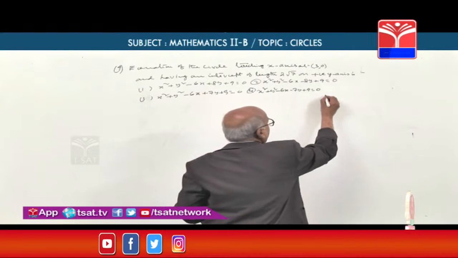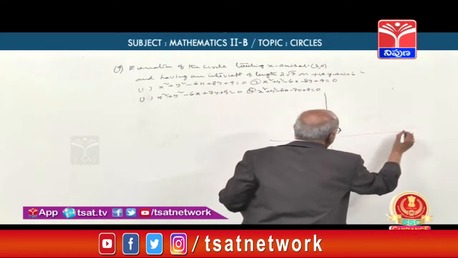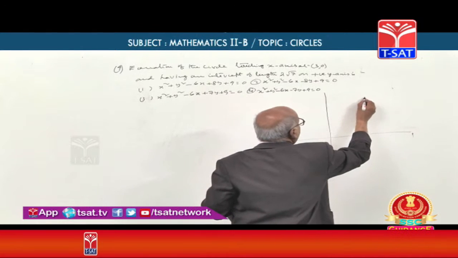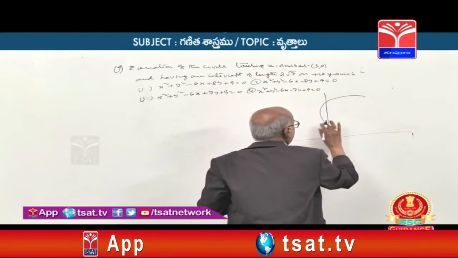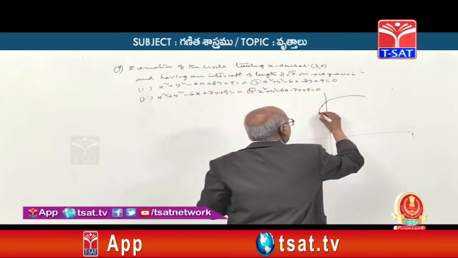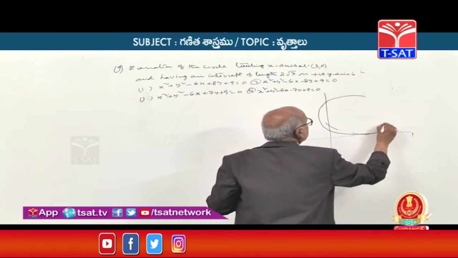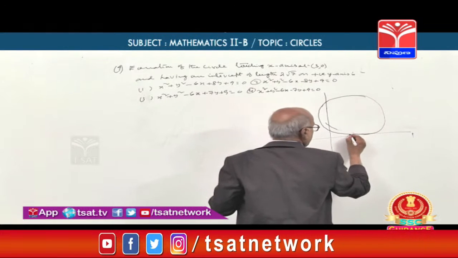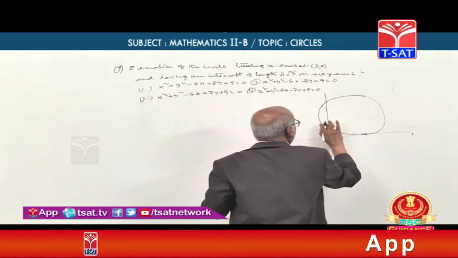Okay. So, that means you are given a circle which makes an intercept of length 2 root 7.